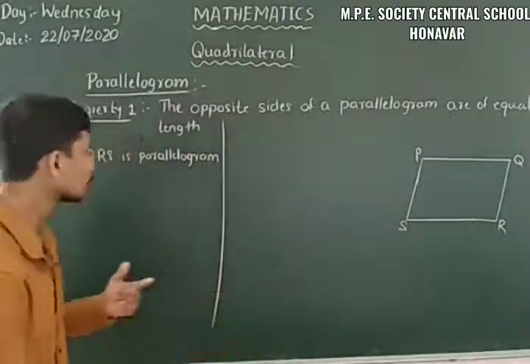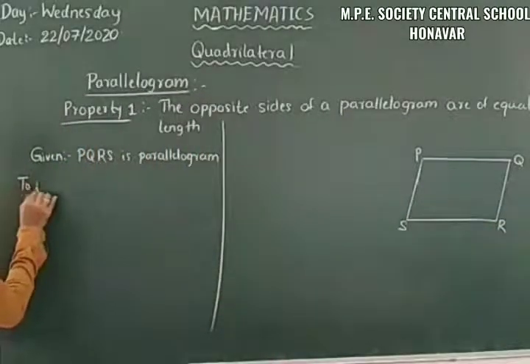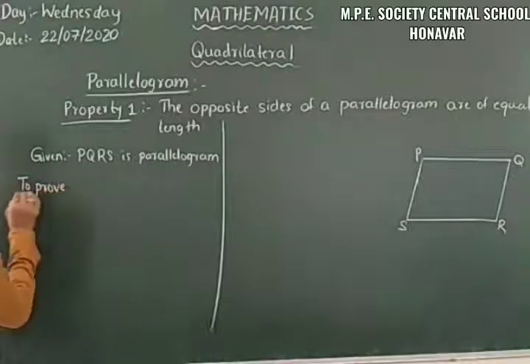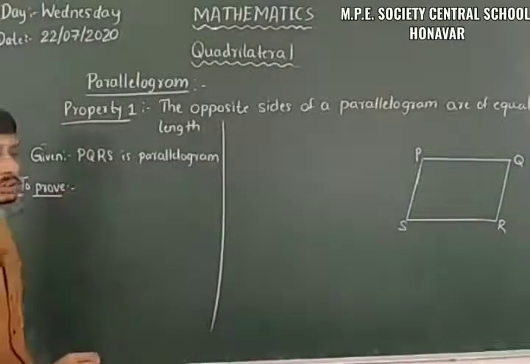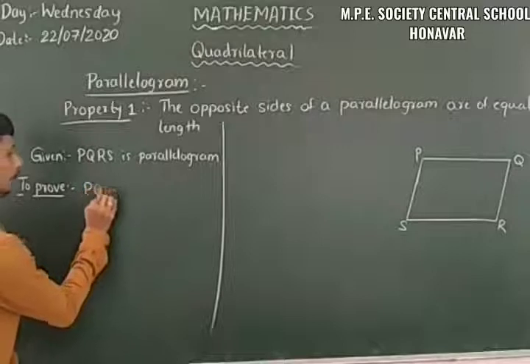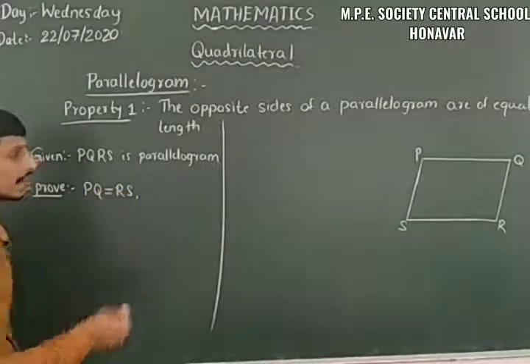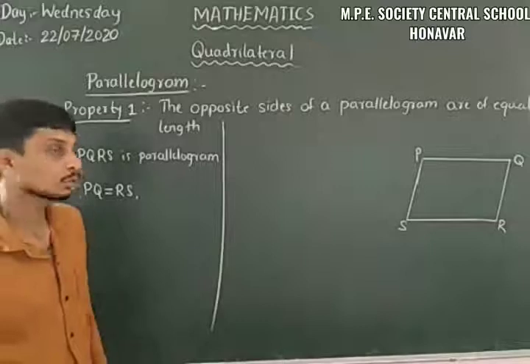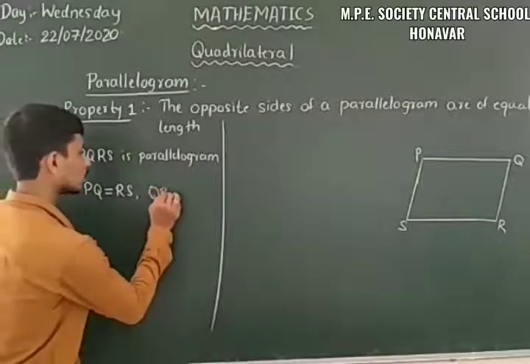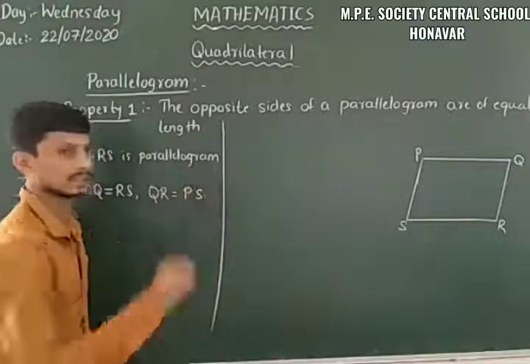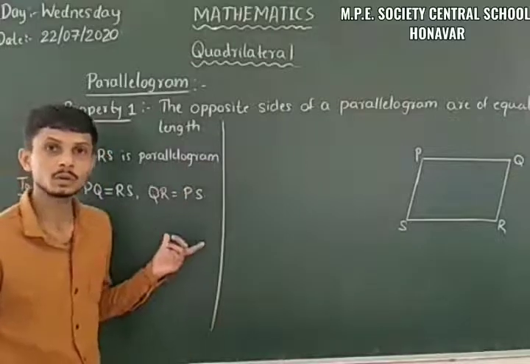So to prove: PQ is equal to RS and QR is equal to PS.